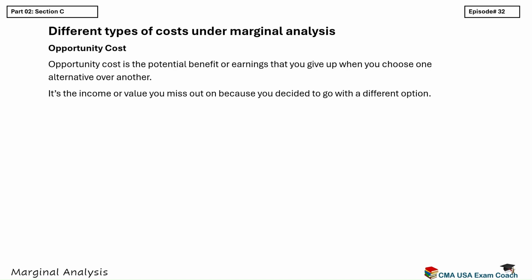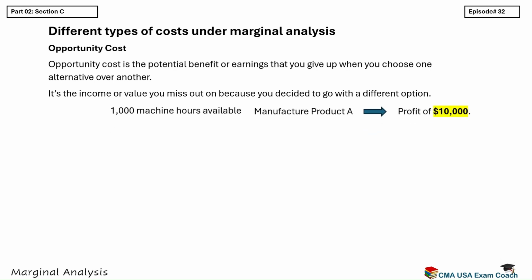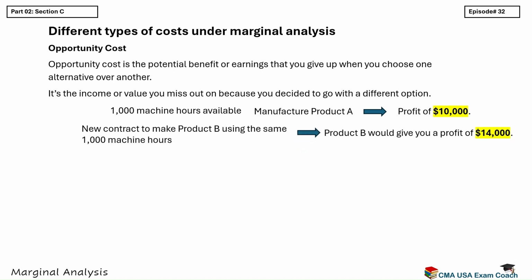Let's take an example. Imagine your factory has 1,000 machine hours available this month. You are currently using that time to manufacture product A, which gives a profit of $10,000. Now, a new customer offers you a contract to make product B using the same 1,000 machine hours, and product B would give you a profit of $14,000.